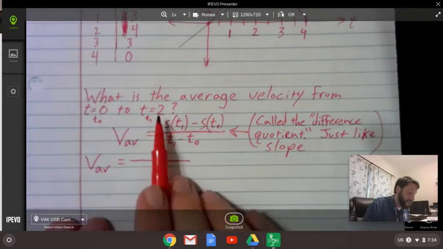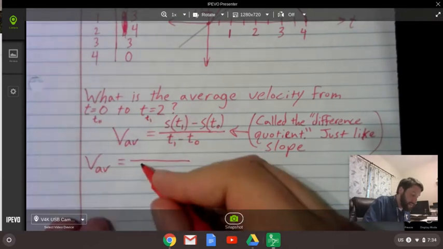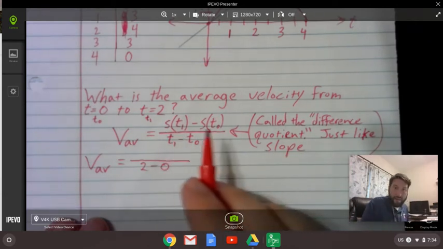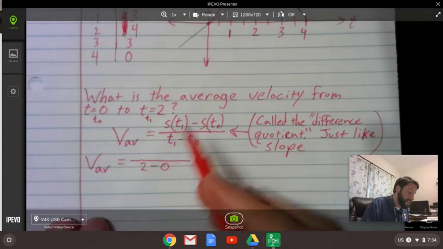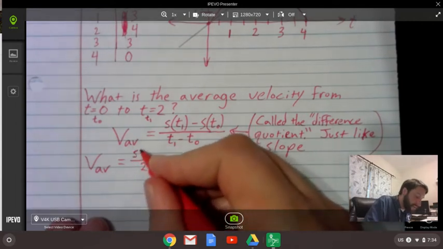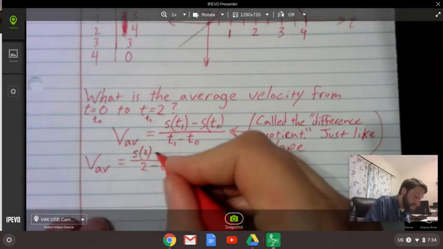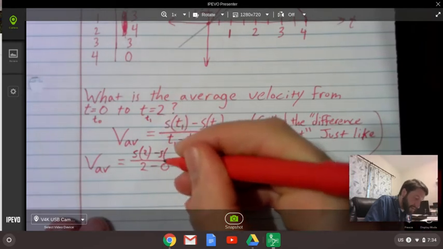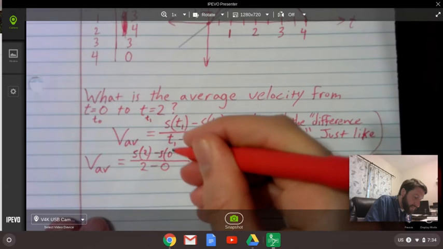Okay, so that'd be 2 minus 0. That's given to me. S of t1 and S of t0. Okay, so this is basically S of 2 minus S of 0.